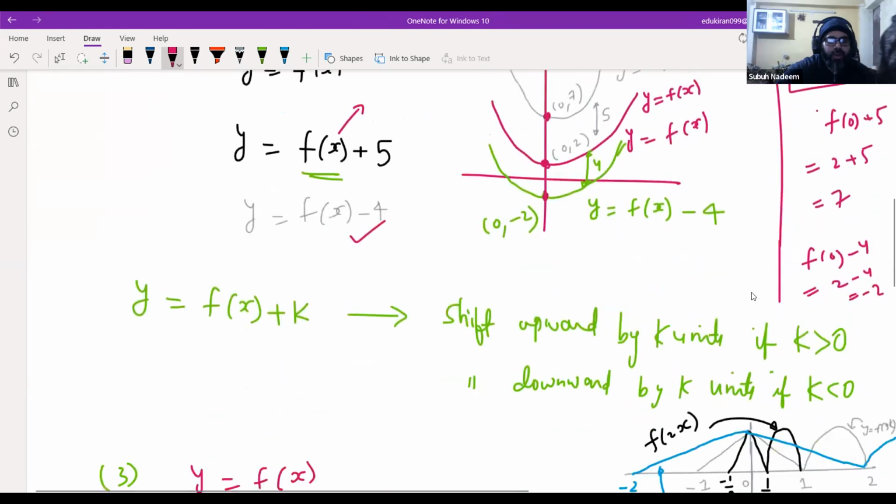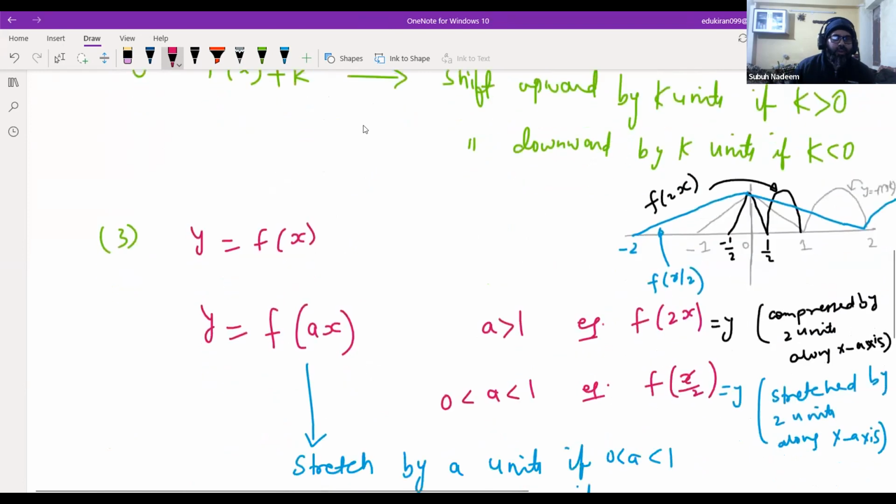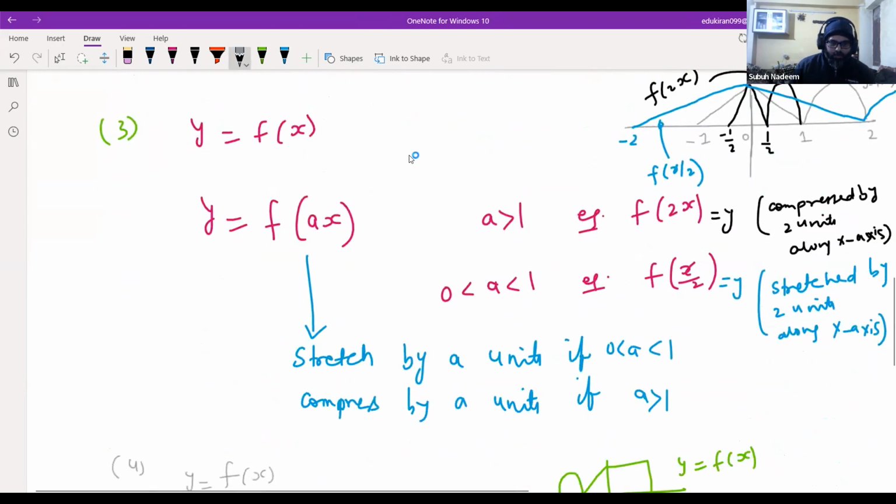Now we come to this stretching or compressing. What happens here? Suppose f of x is giving you some value at 1. Suppose that is L. Now you are asked to find the same value L for f of 2x. So you need to get f of 1.